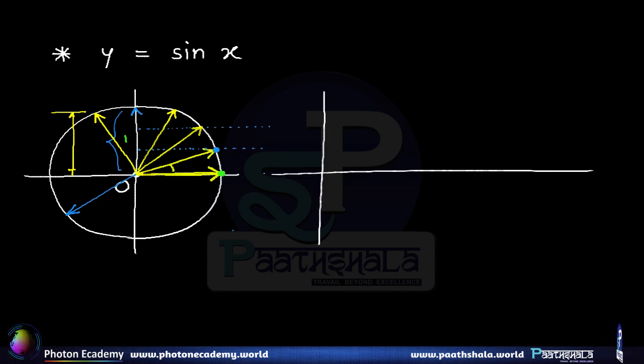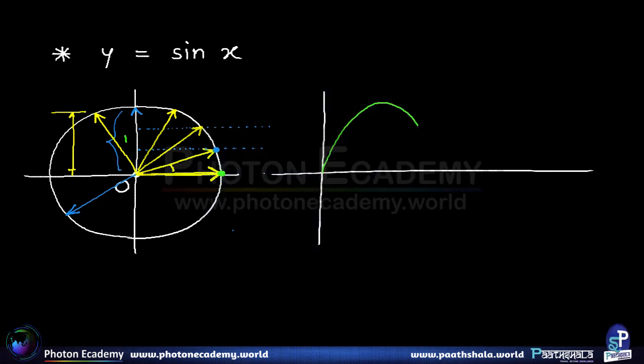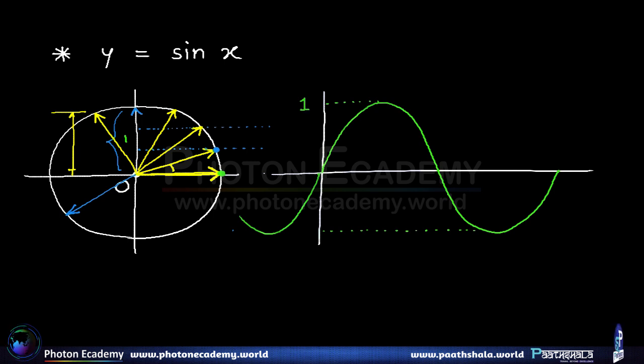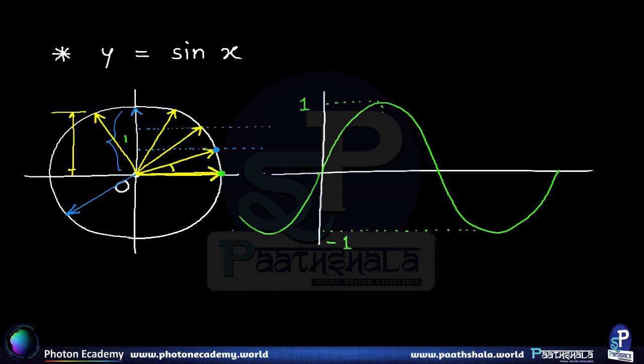The sine function has the shape of a wave-like structure, which we typically call a sinusoidal wave or sinusoidally varying function. The topmost value is 1 and the bottommost value is -1. The topmost value 1 is achieved at pi by 2, which is 90 degrees, and the bottommost value is achieved at 3 pi by 2, which corresponds to 270 degrees.